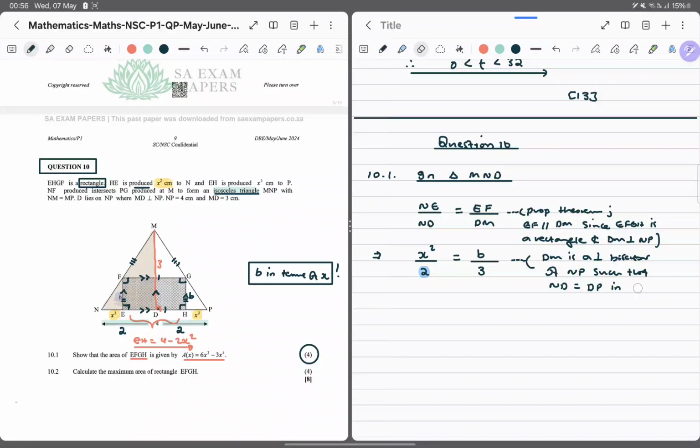So please, guys, try to be as comprehensive as possible so that you're not misunderstood. In isosceles triangle MNP, can you see the altitude only bisects the base or the basal side of an isosceles triangle, not any other triangle.